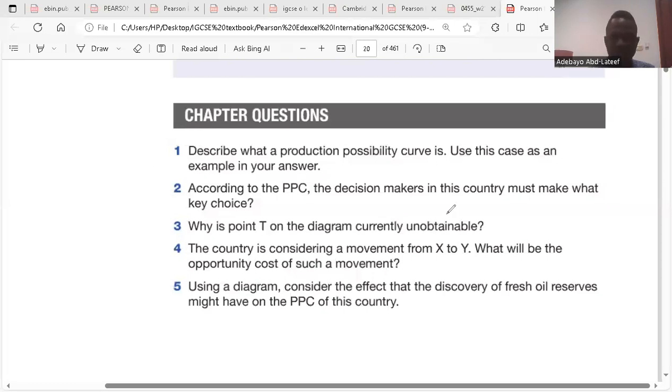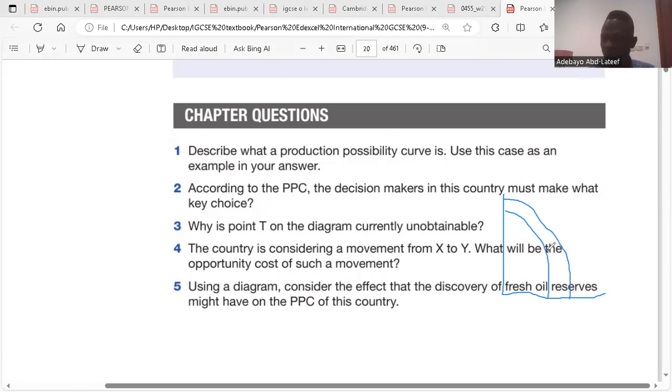So we have the PPC, we have these points for question 5. So that's the PPC.